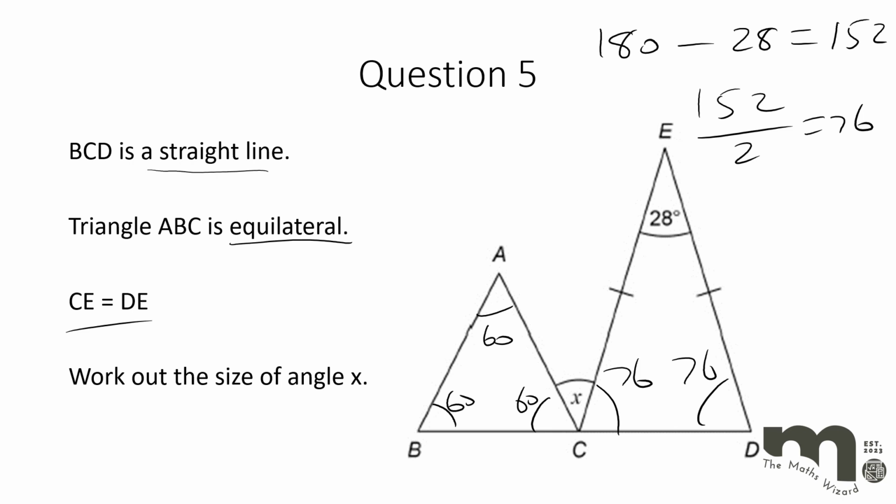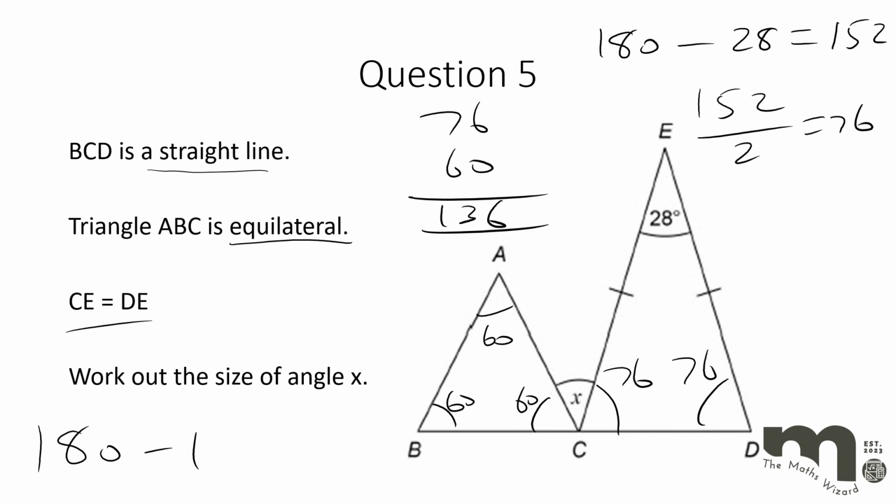And if we look at this straight line, the angles on the straight line here, that's 60 and the 76. So if we add those together, we've got 136 already accounted for out of our 180. If we then take that off, that will give us an angle that's left of 44 degrees for X.